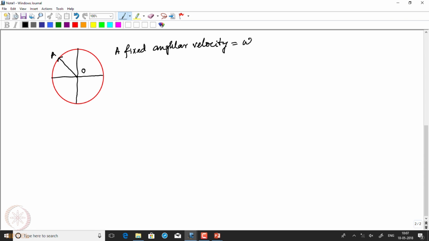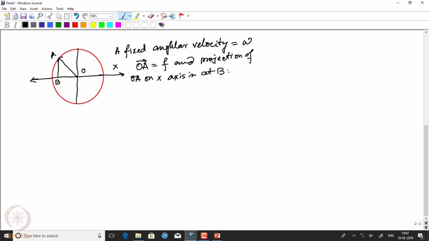At any given point of time, the projection of OA on the x-axis is OB, and OA represents the vector F. At a given position of A making an angle phi with the x-axis, and being rotated along the circumference of the circle at a fixed angular velocity omega, this represents a simple harmonic motion.